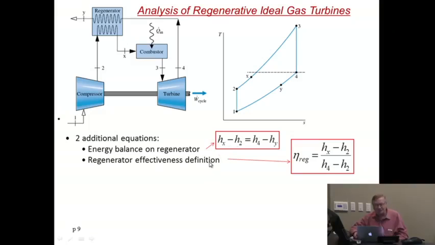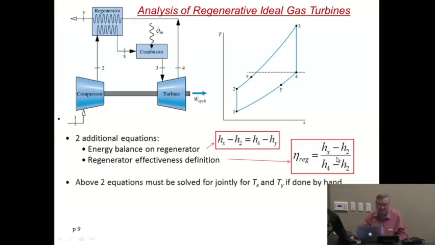And then the other equation is the effectiveness definition of the regenerator, which we just had before. Eta regenerator, which will give you 80% or something, equals Hx minus H2 over H4 minus H2. So you have two equations, two unknowns, Hx and Hy.